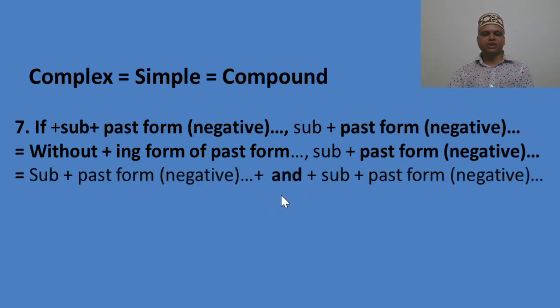And in compound sentence we have to omit if, and instead of comma we have to use and. So look at the rubric: if, without ing, and. If follows subject and past form, then we will follow these rules to transform into complex, into simple, into compound.